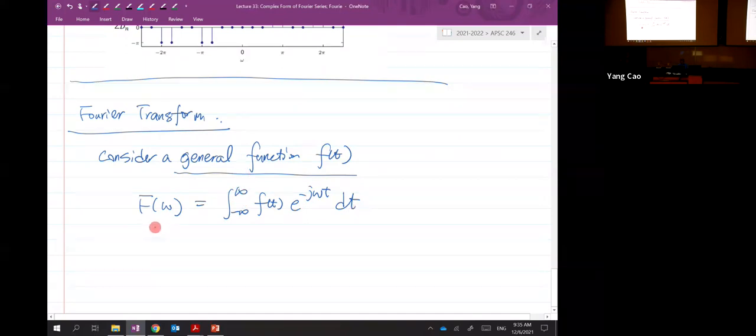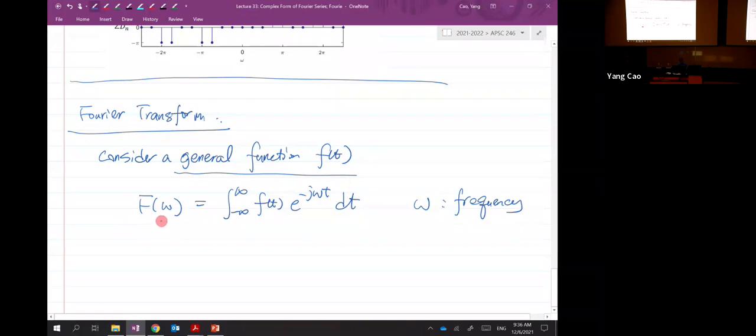And you will get a function of omega because you're integrating with respect to t. Once you finish this integral, you're left with just a variable omega. And of course, you also have the complex information in it. So omega here, we typically call it frequency. Omega is a variable for this capital F of omega.